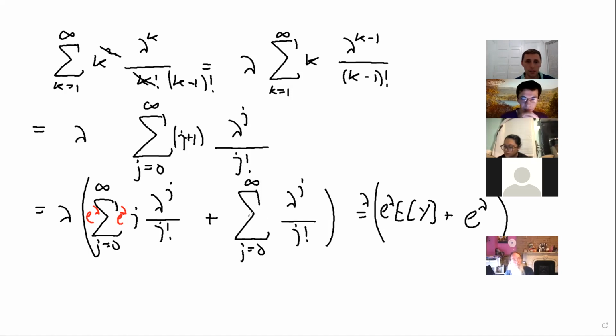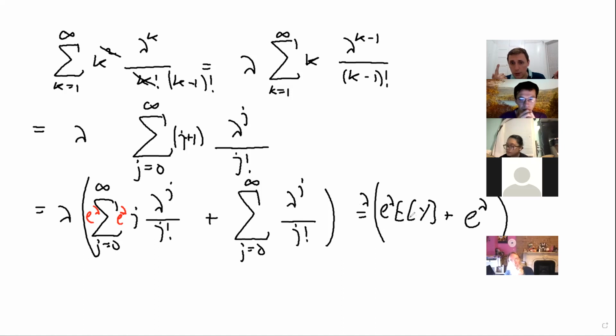So this is just e to the lambda. This I decided to write as e to the minus lambda times this, so that's the expected value of the Poisson. And here is what I paid for it, right? I have to factor out e to the lambda then. So it's this, and then multiplied by lambda. Now, what do we know about the expected value?